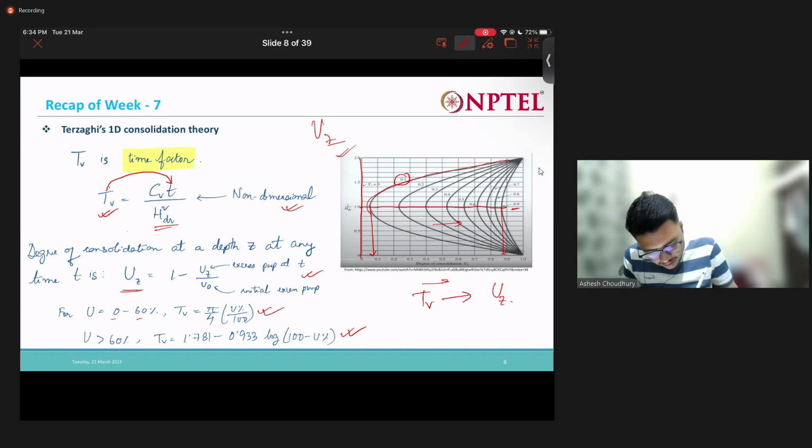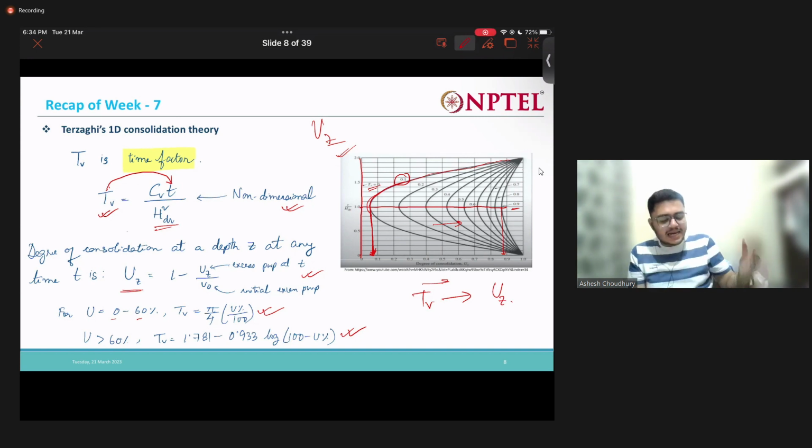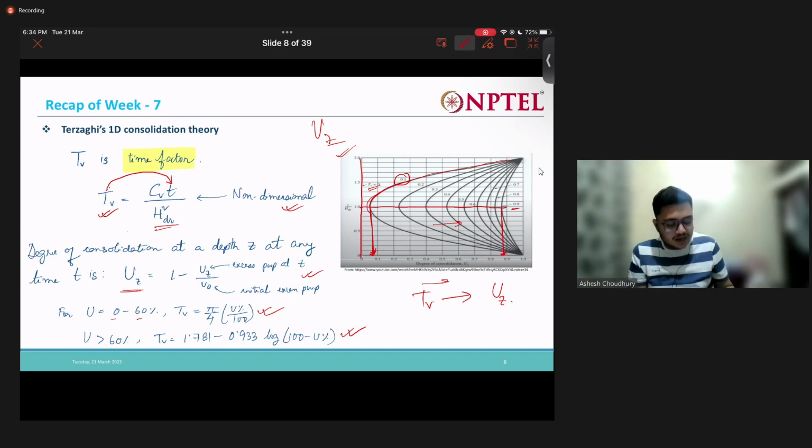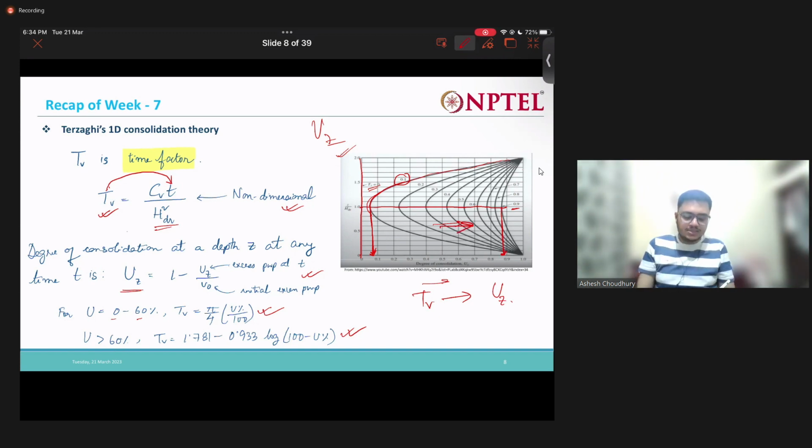At mid height, when the time factor is 0.1, my degree of consolidation is very less, less than 0.1. But at the same height, as time passes and my time factor increases to 0.9, my degree of consolidation is close to 0.9. So as time increases, at the same point in the soil, the degree of consolidation also increases.